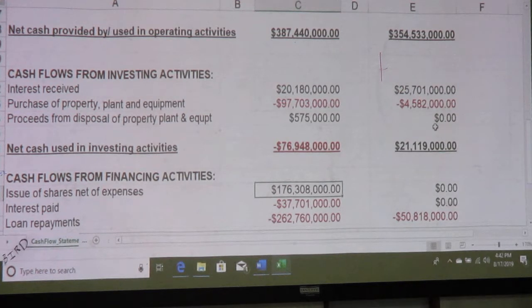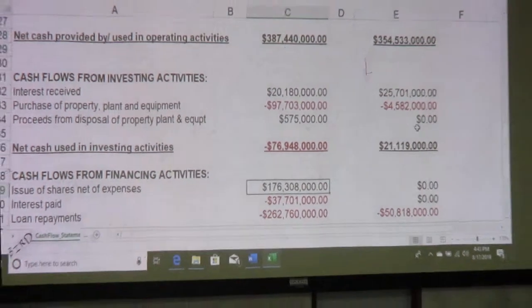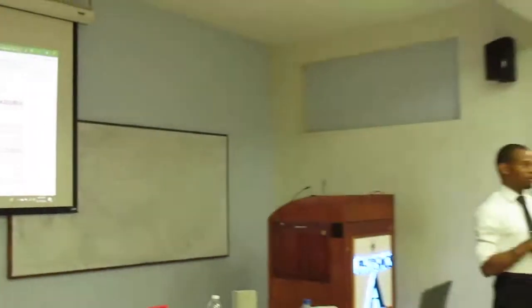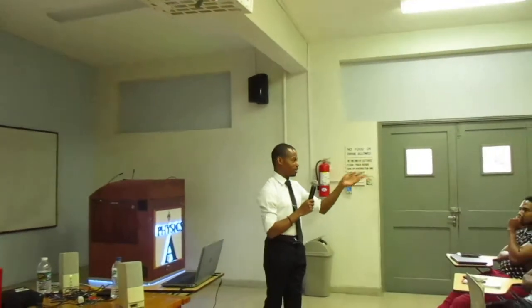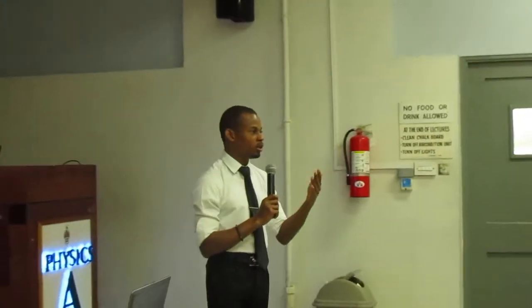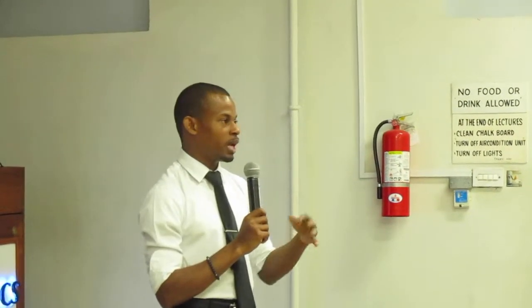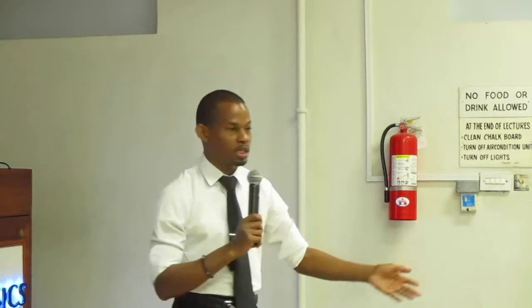So this was an issue of shares net of expenses. So basically what the company did was it issued shares in order to finance new activities. Anybody know of a situation that's currently going on like that? Exactly. So the company is now issuing new shares to raise capital such that they can embark on expansion activities.